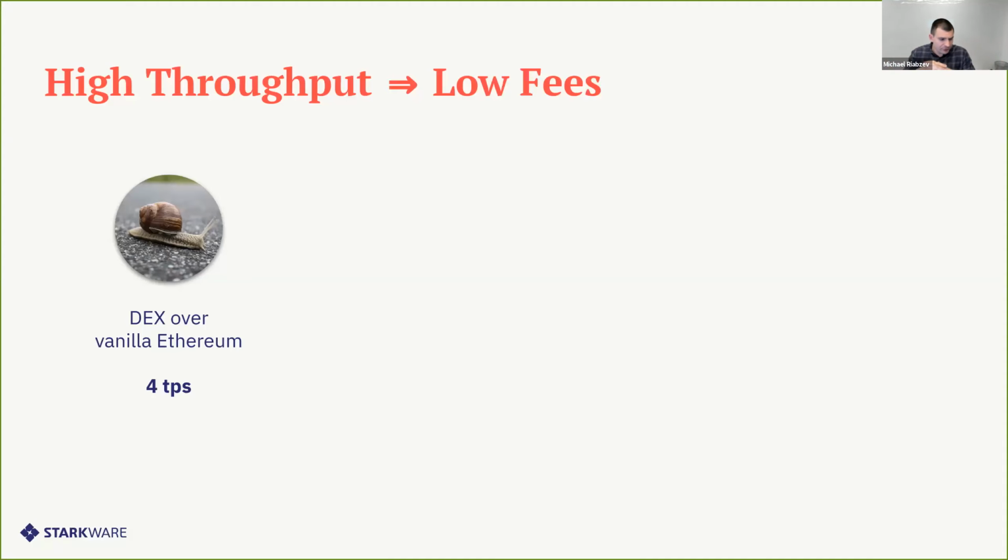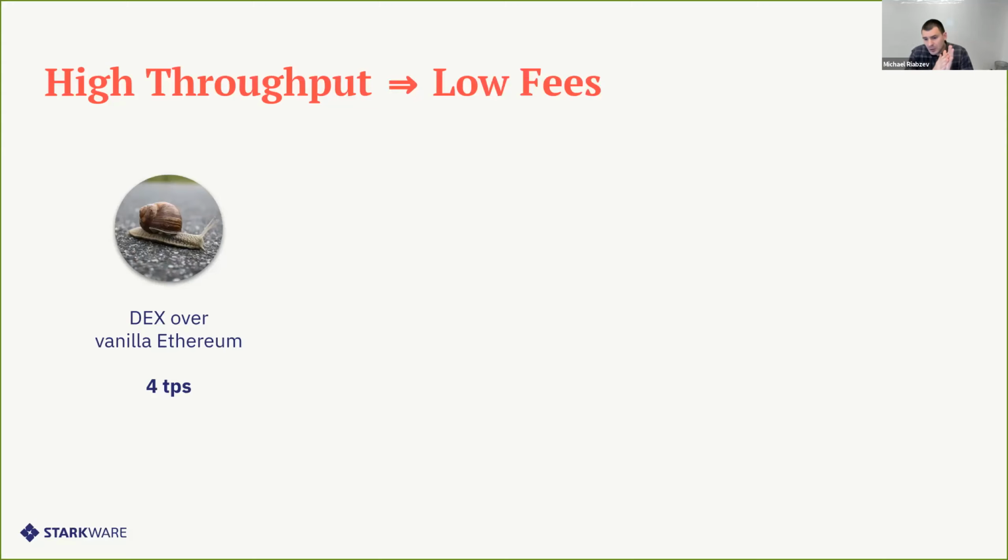I don't know how many of you are familiar, but for example, at the top value of Bitcoin, at the end of 2017, if you wanted any miner to look at your transaction, to consider putting it in a block, you had to provide a fee which was about $60.